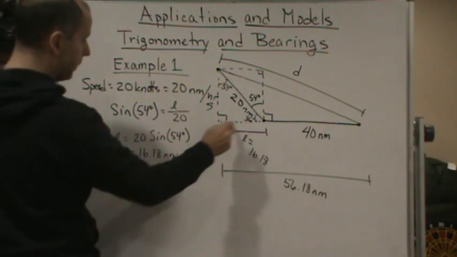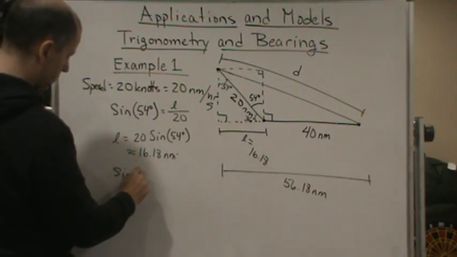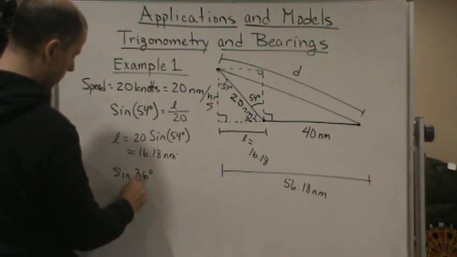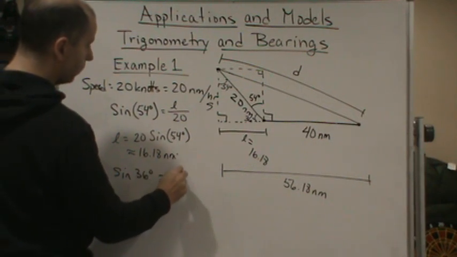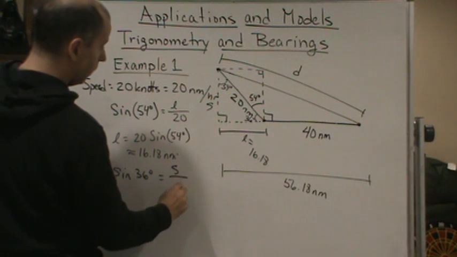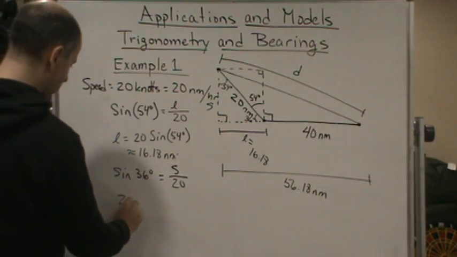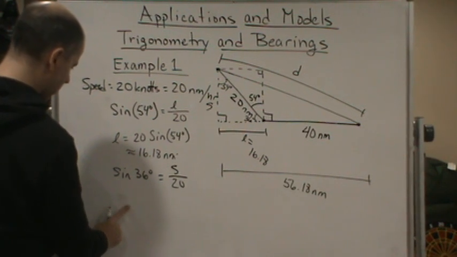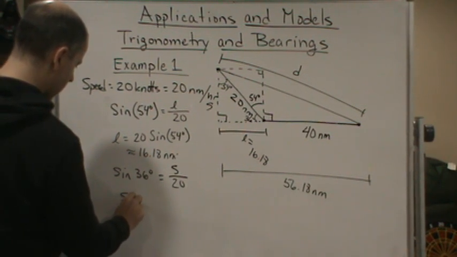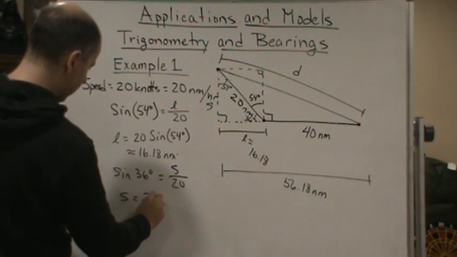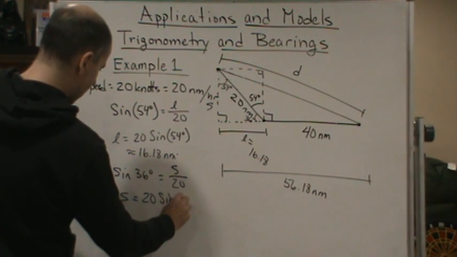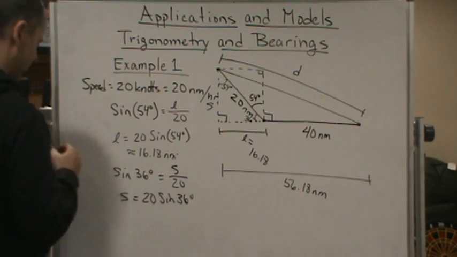Sine of 36 degrees equals S over 20. And so S equals 20 times sine of 36 degrees.